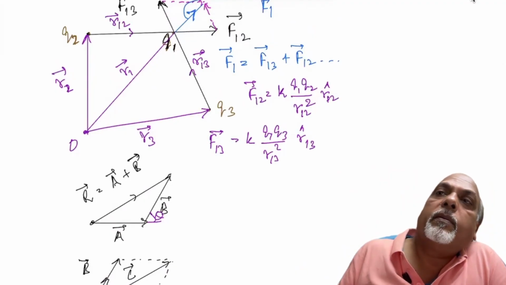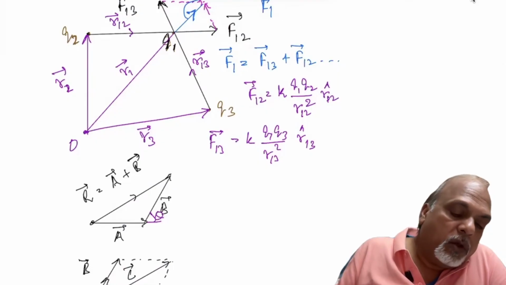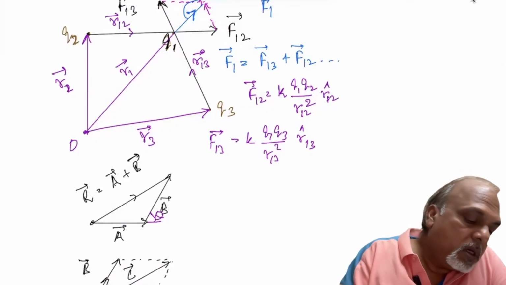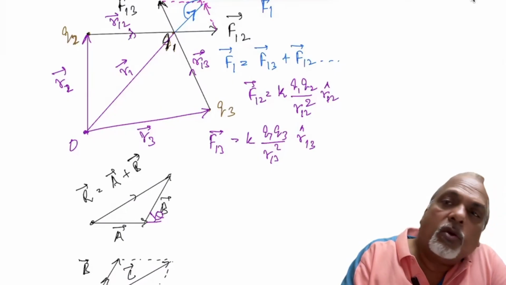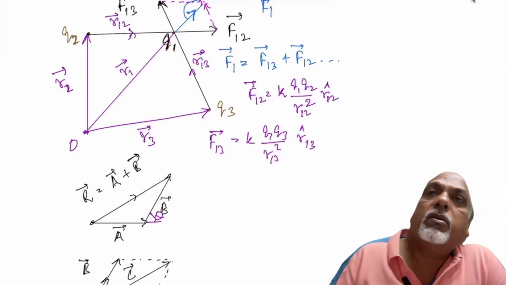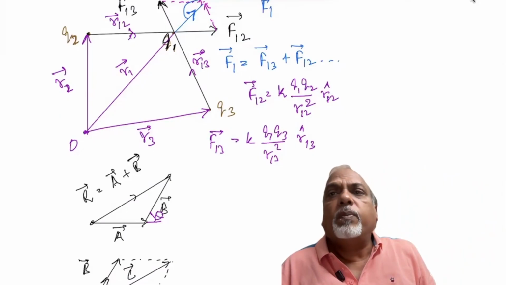Vectorially. Correct? Unit vector of R12 is nothing but basically in the direction of R12. So this is called the principle of superposition.